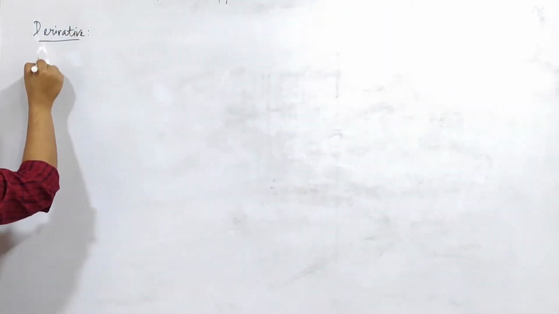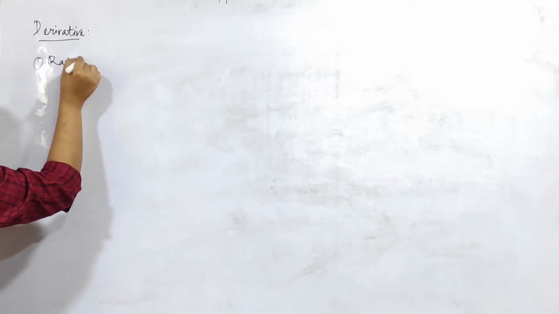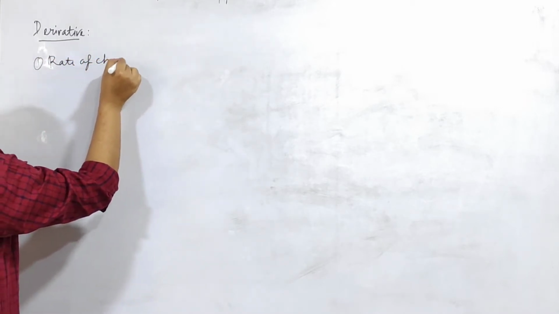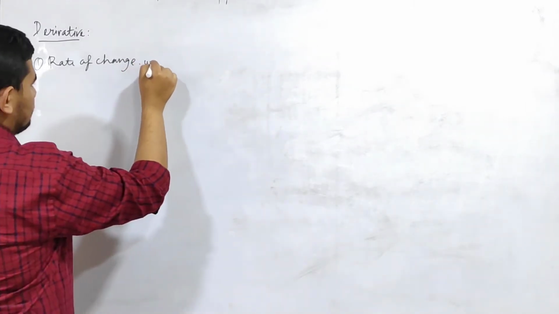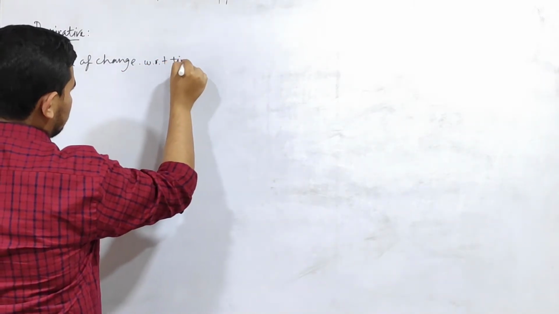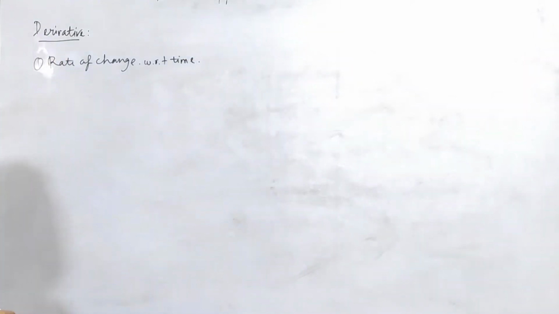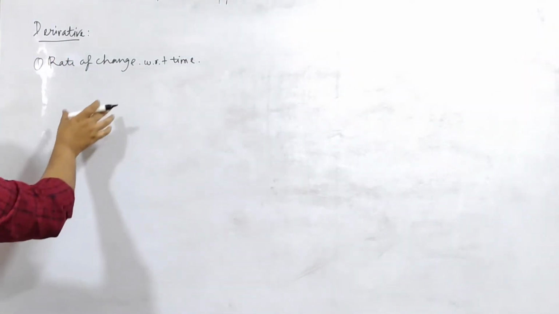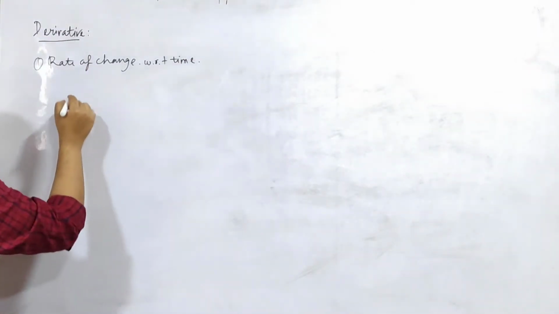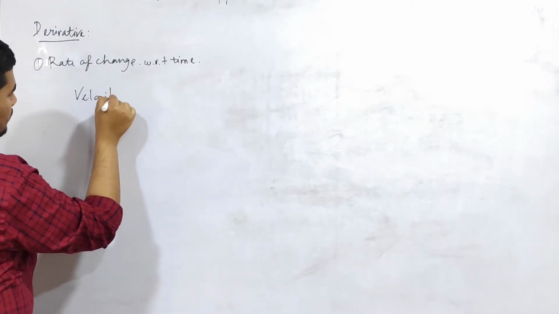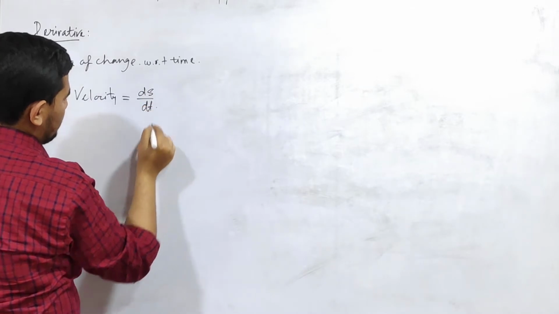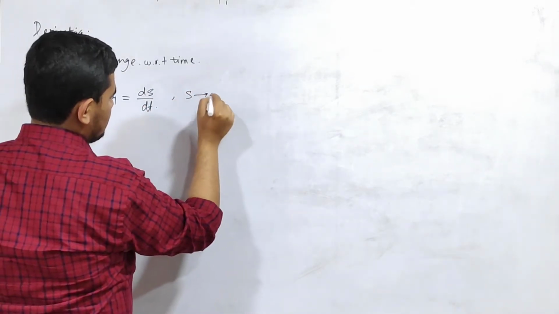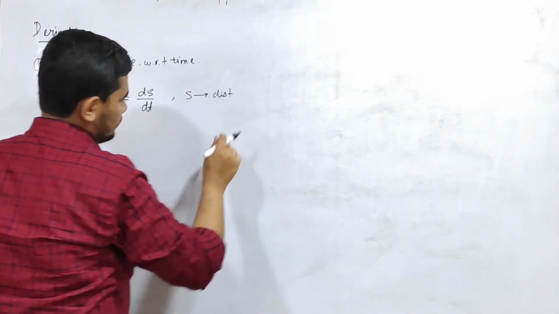First, we will study the rate of change with respect to time. Now, when we study rate of change with respect to time, we have a term velocity, which is ds by dt, where s is distance.